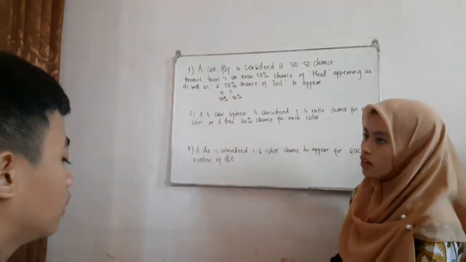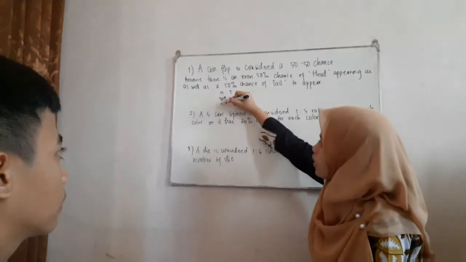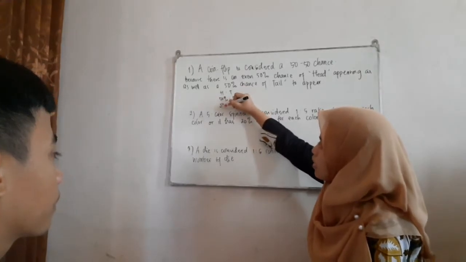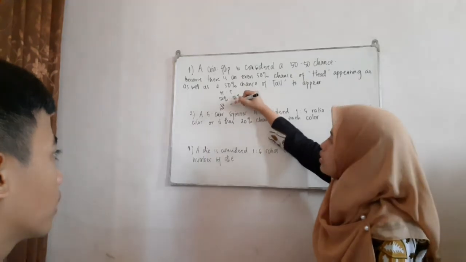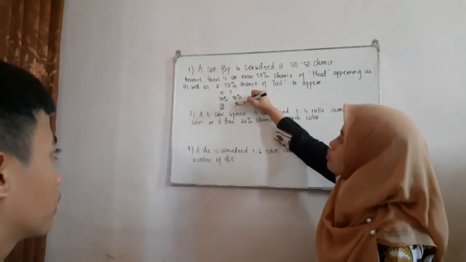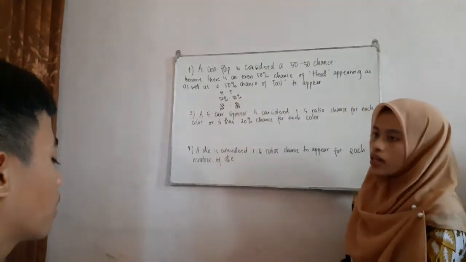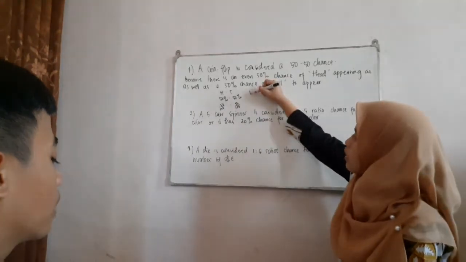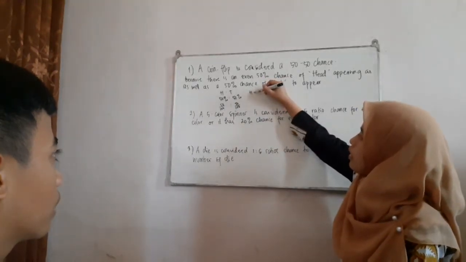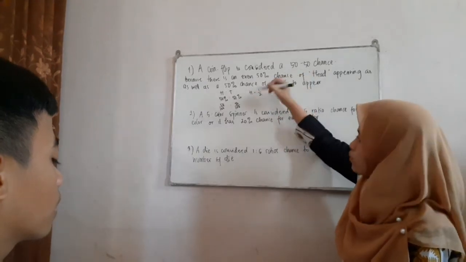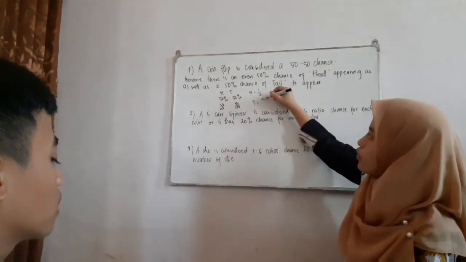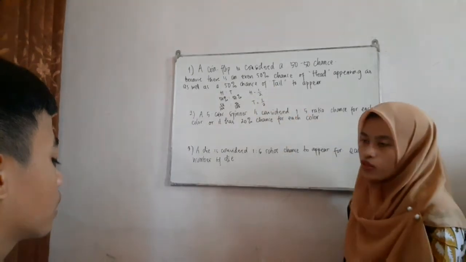Actually, I can rewrite this into fractions, because 50% is equal to 50 over 100. And this is also 50 over 100. Or I can write head is equal to 1 over 2, and tail also 1 over 2.